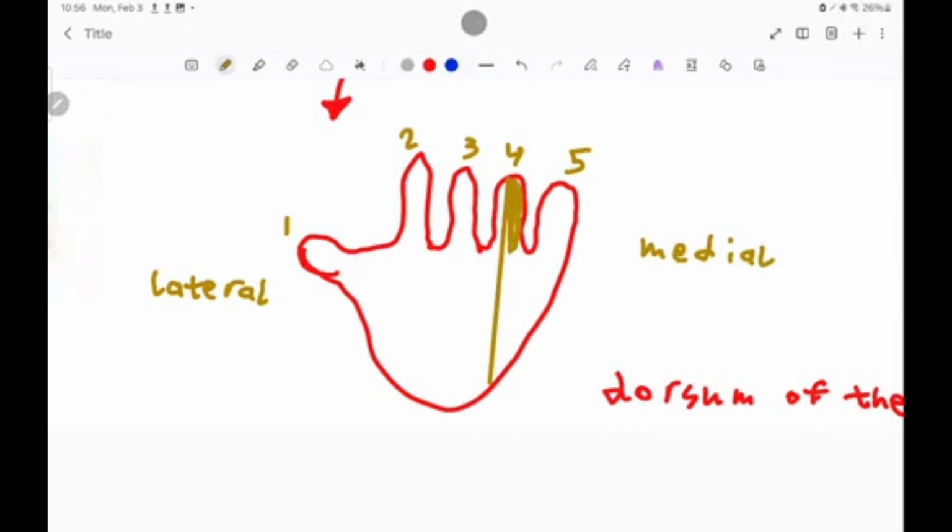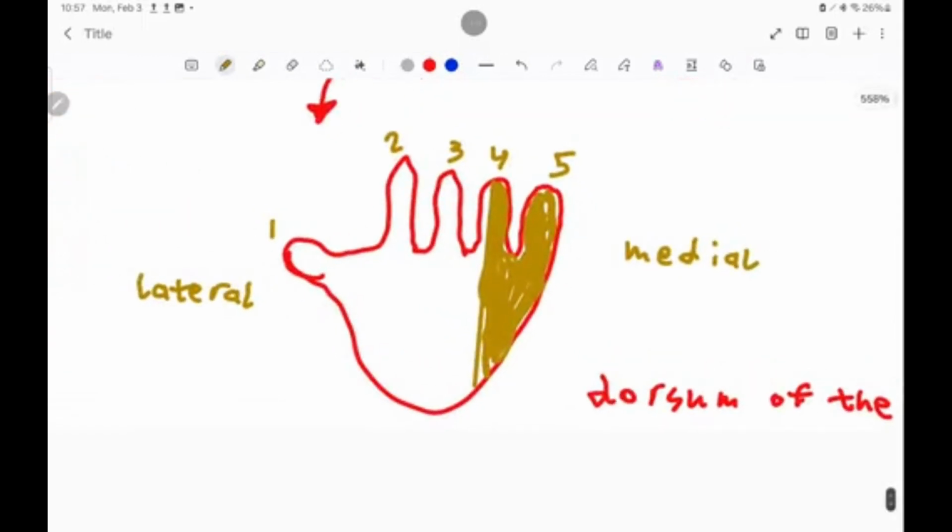Okay, so it supplies this part and this part downward to the palm. I mean at the dorsum. This is not the palm. This is the dorsum. So this is the dorsum of the hand, and it supplies both the fingers and the dorsum of the fourth and fifth finger.